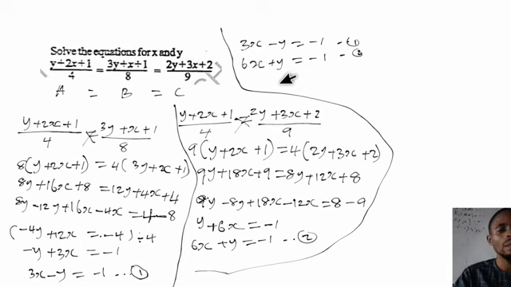So next thing here now, we have two simultaneous equations. Now we have three methods of solving simultaneous equations, but for the sake of this video, I would like to use the substitution method. Let's make y the subject of the formula for equation 2.